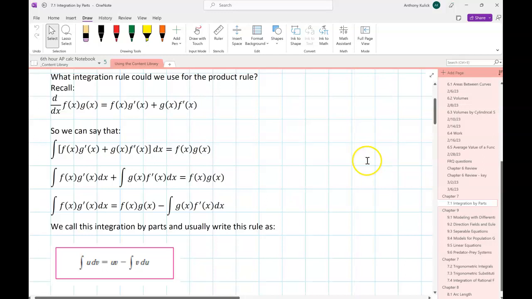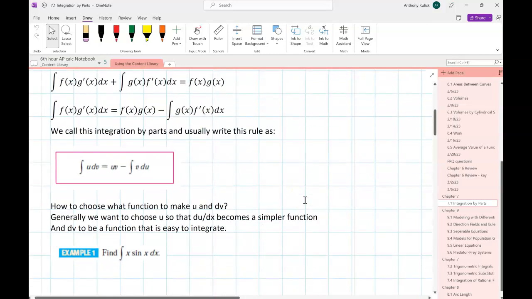And we're going to talk a little bit about some hints as to how to apply this, and then we'll do a bunch of examples. And that's going to be it for today. So there's nothing more to this other than just practice using this rule. All right.